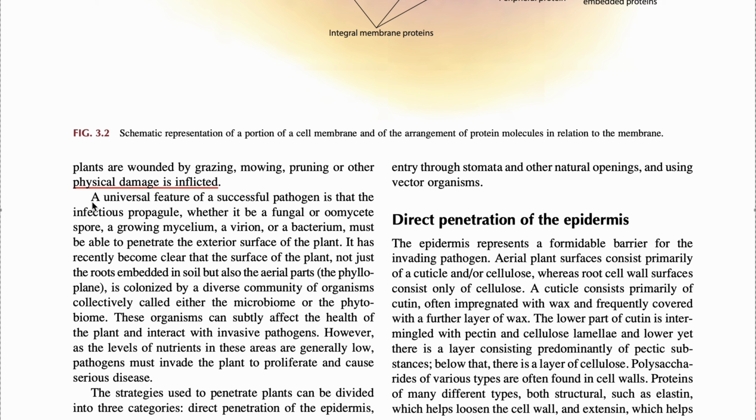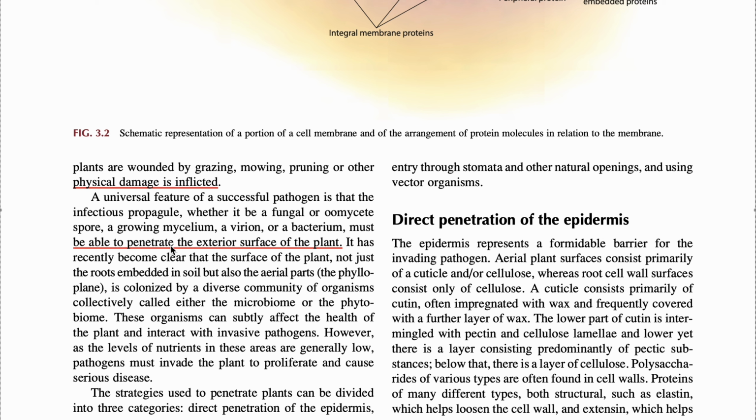Now, a universal feature of a successful pathogen is that the infectious propagule, whether it be a fungal or oomycete spore, a growing mycelium, a virion or a bacterium, must be able to penetrate the exterior surface of the plant, be it any pathogen. Any pathogen, the first thing it needs to do is penetrate.